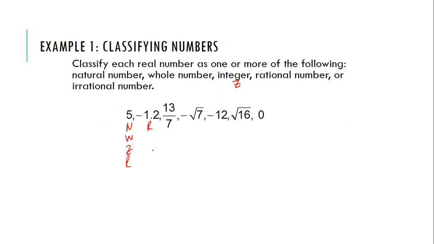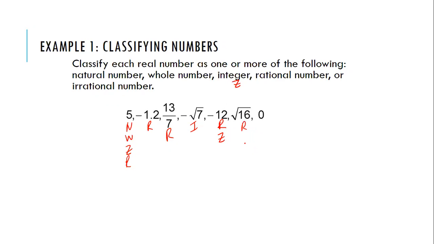It's rational, and that's it, right? What about 13/7? Good. What about negative square root of 7? Irrational. What about negative 12? It's rational and an integer. What about square root of 16?